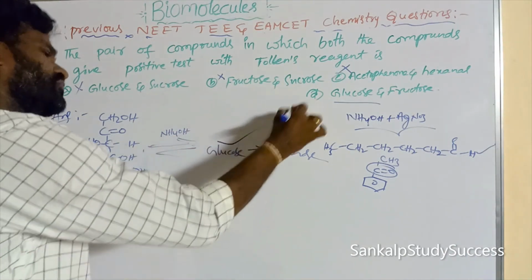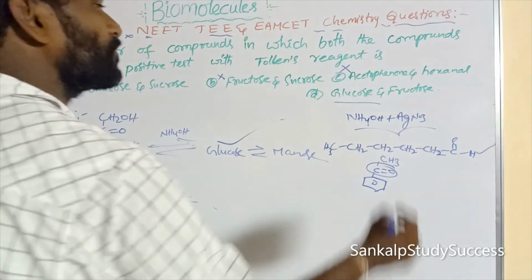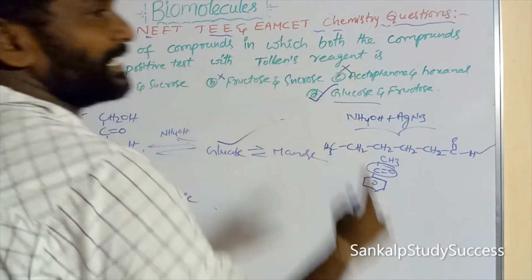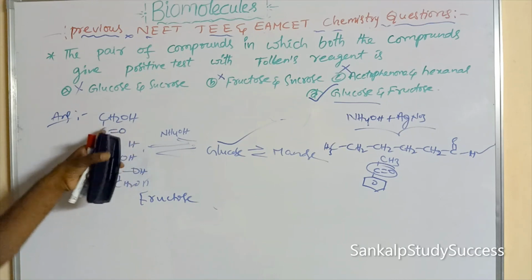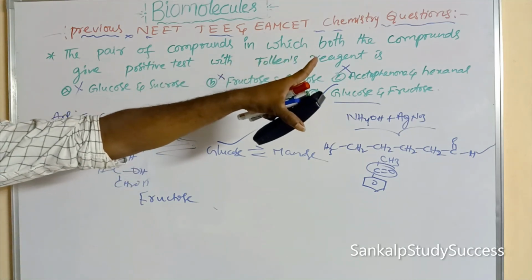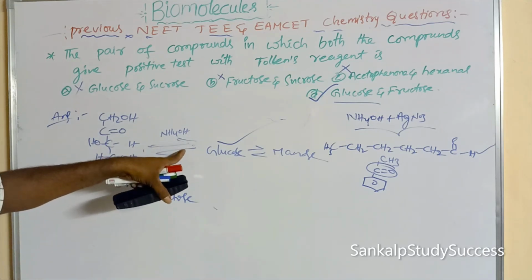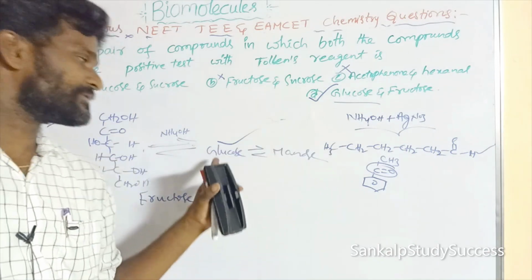Glucose gives the Tollens test. So fructose and glucose both give the Tollens test. Fructose contains a ketone functional group, but it gives the Tollens test because, when treated with the base, it rearranges to glucose and mannose.